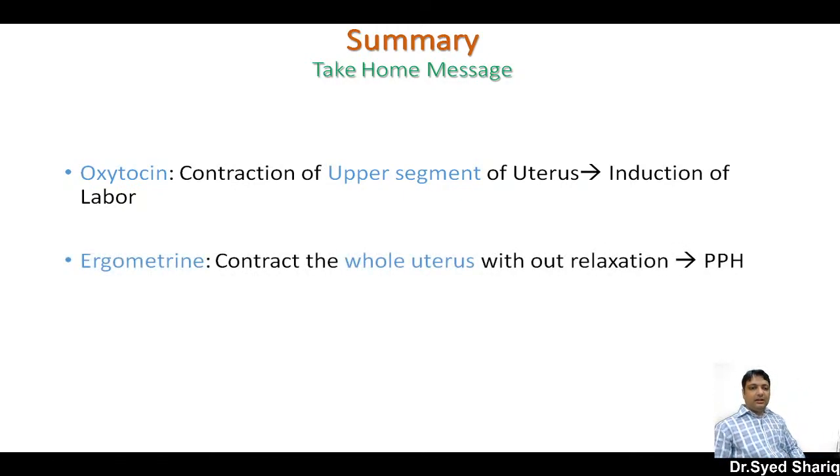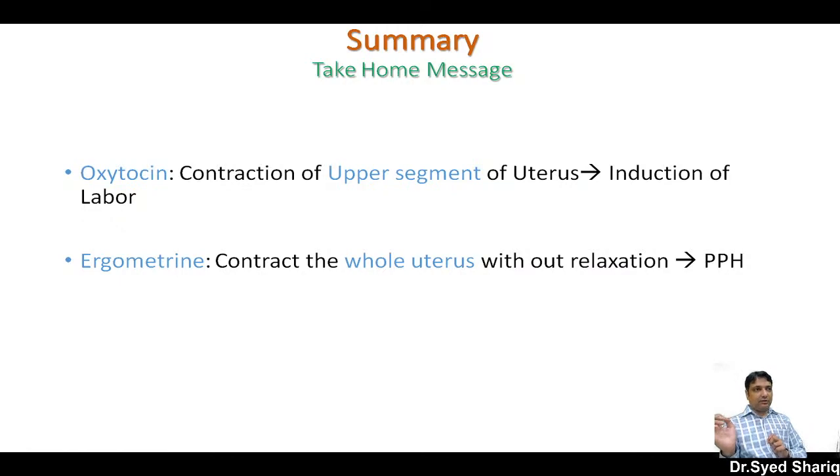Second thing, ergometrine. Ergometrine can cause contraction of the whole uterus without any relaxation; moderately high doses can cause this. This is good for postpartum hemorrhage, because after the childbirth has taken place and the placenta has been thrown out, what we want is that the mother should not have any bleeding.